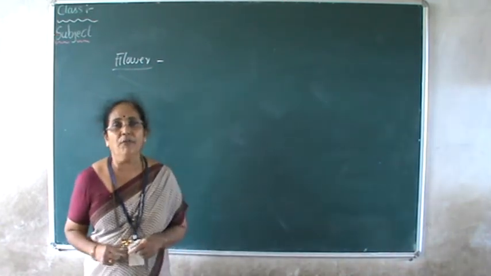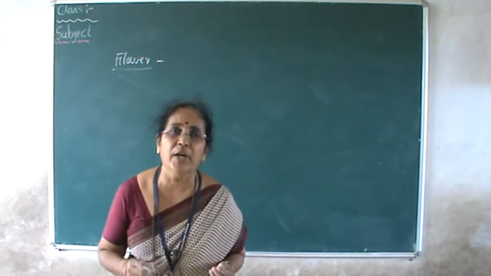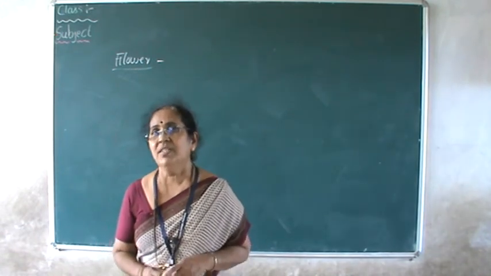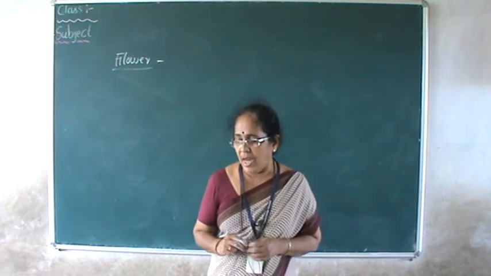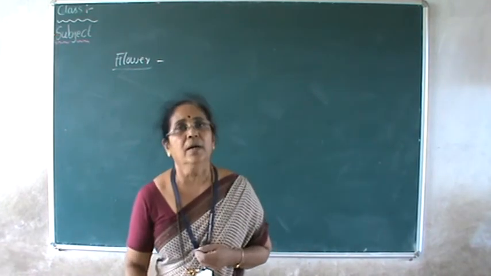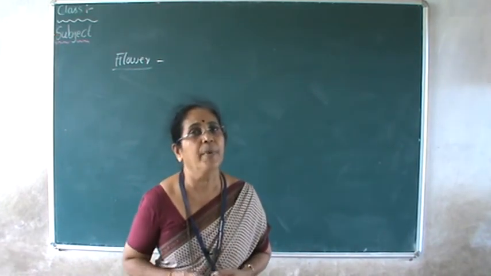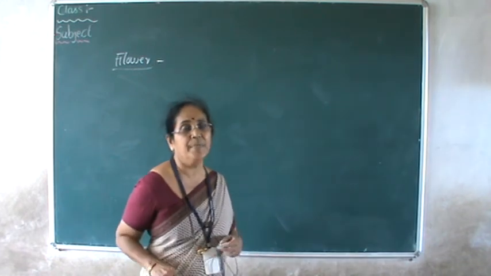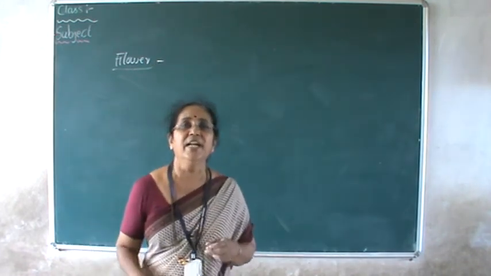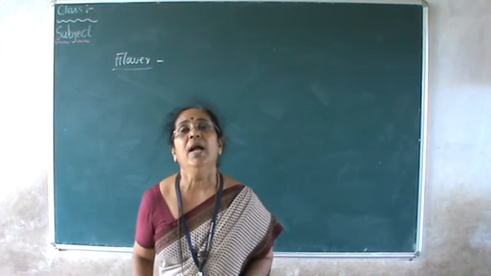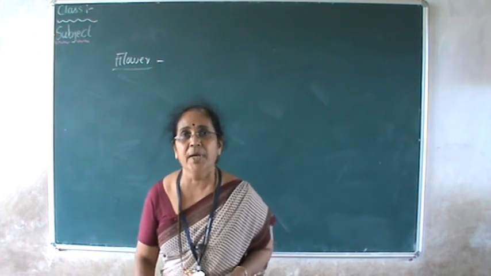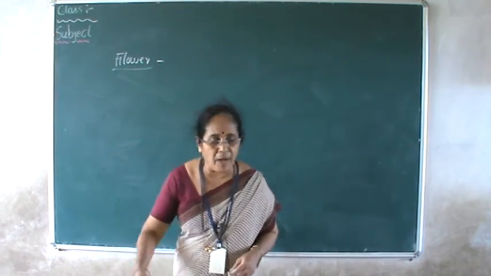You have already studied the flower and the reproductive parts in the 3rd semester class. The flower consists of the male reproductive part called androecium, and the gynoecium is the female reproductive structure. The flower is meant for sexual reproduction.